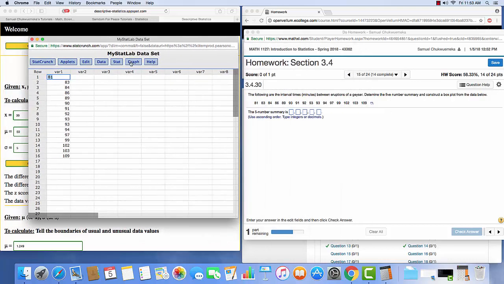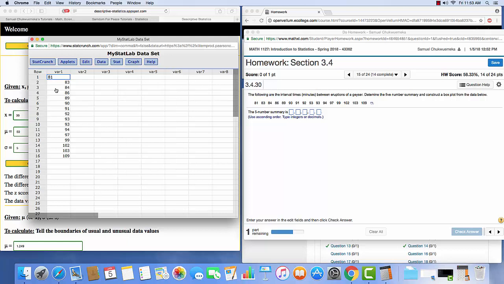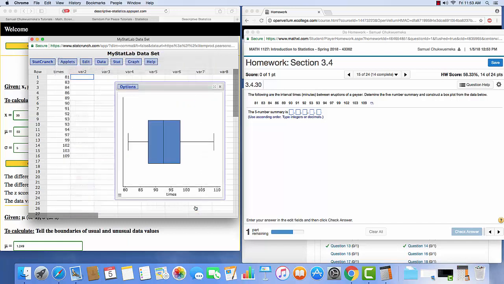And let me just construct a box plot right away because it gives me that. I can name the variable. I go to graph, box plot. Select this. Draw boxes horizontally. Compute.